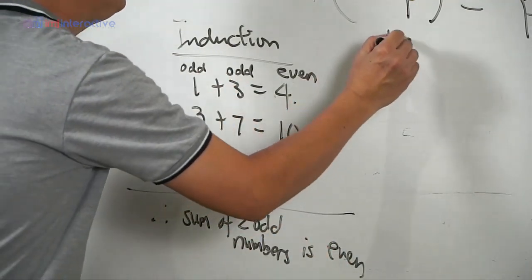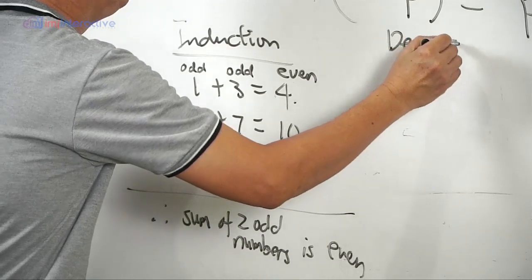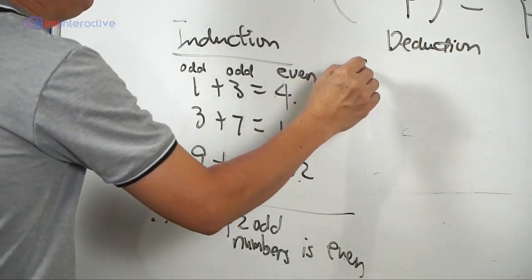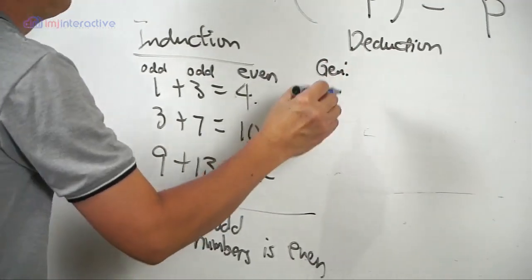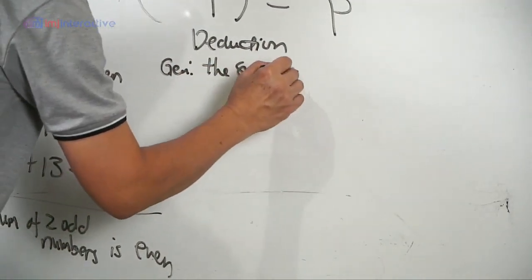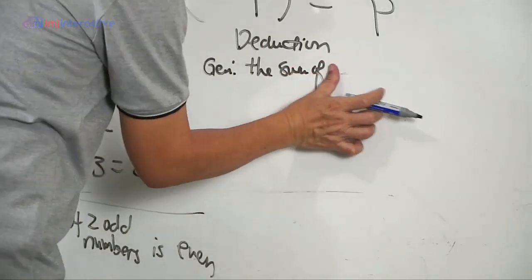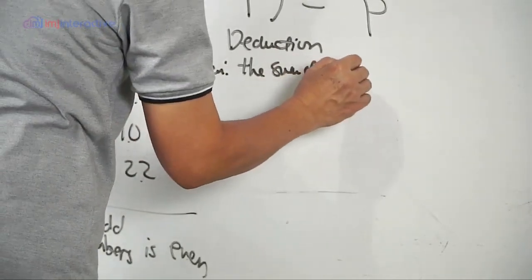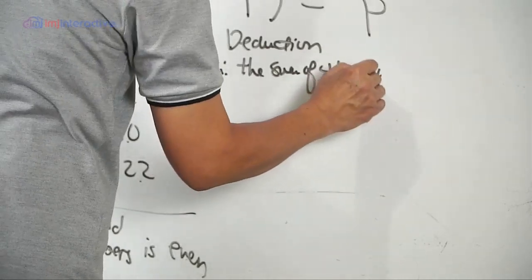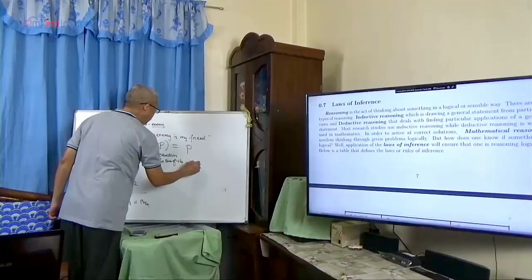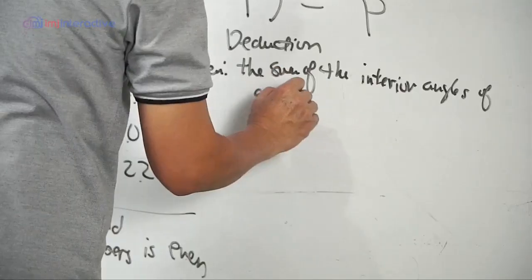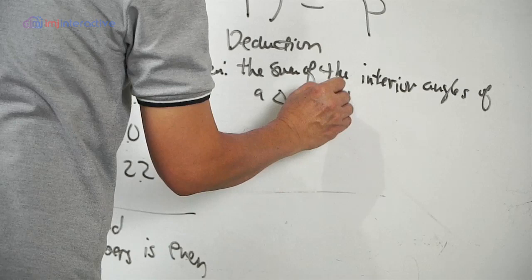What about deduction? You have a general statement. Let's say the general statement is the sum of the interior angles of a triangle is 180 degrees.